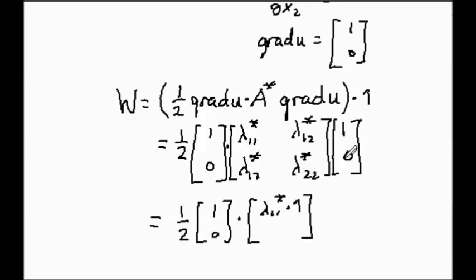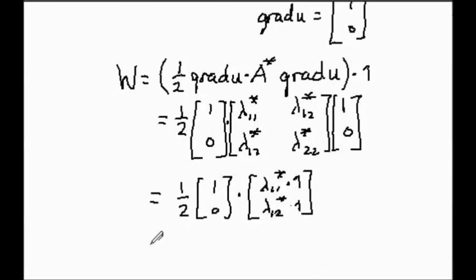In the second component, we have lambda 1 2 star times 1. And taking the scalar product of these two vectors, we easily obtain lambda 1 1 star multiplied with 1/2.